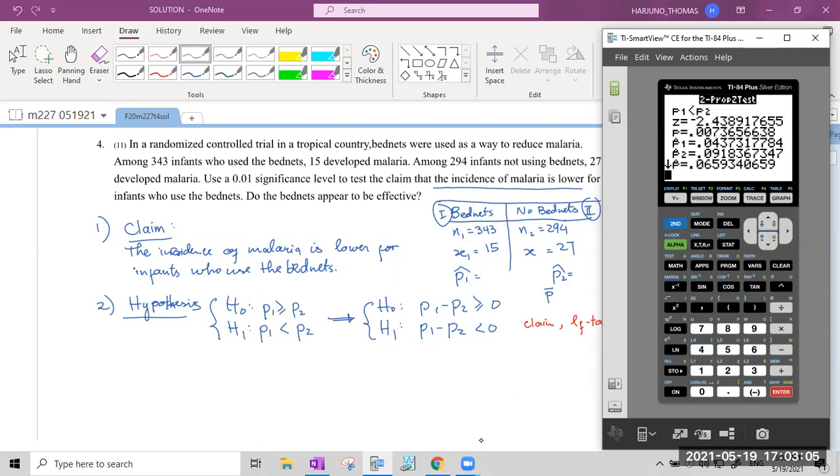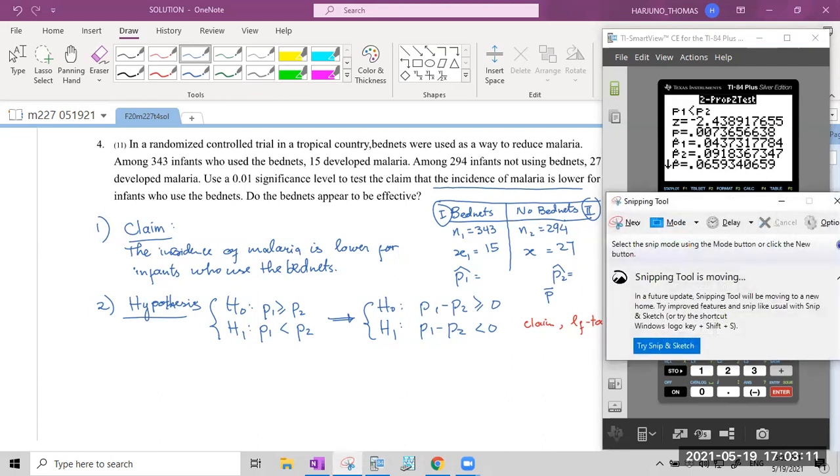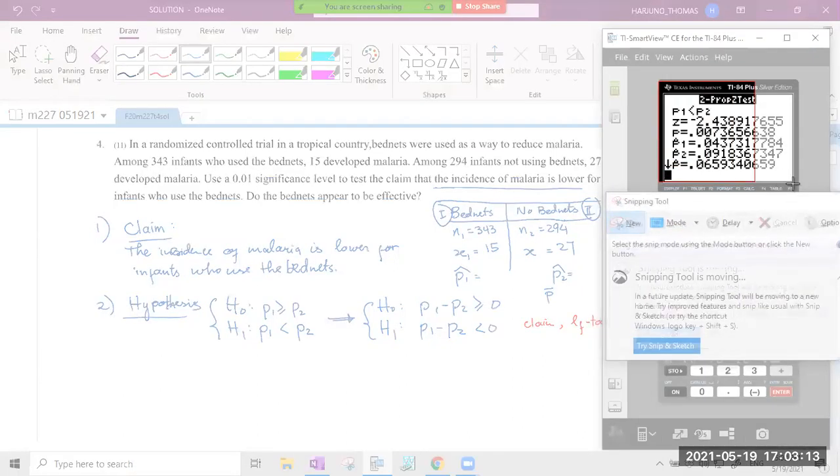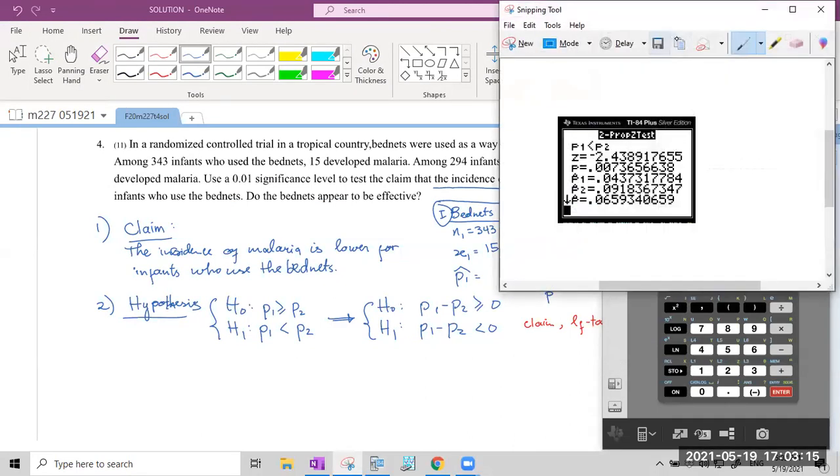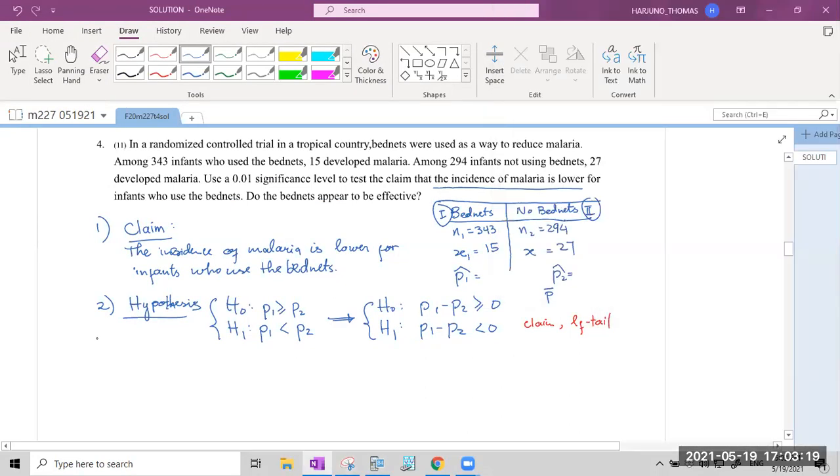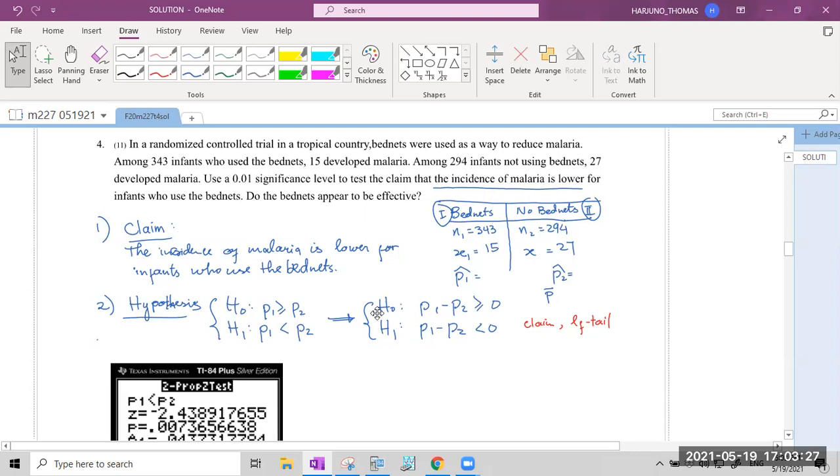Okay, that's our number. Let me screenshot that and then put it somewhere so that I don't need to keep on going back to my calculator view. Let me put it here.